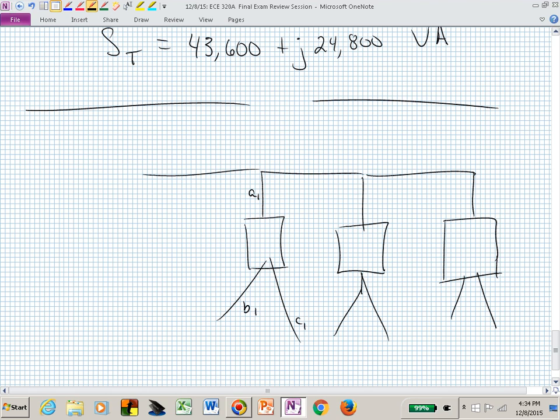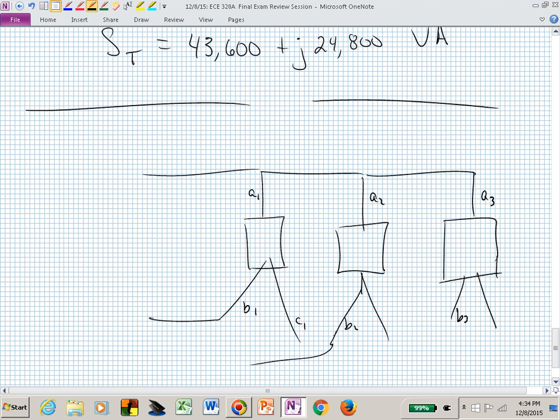Those are stick figures, but this is now the A phase of my load that I'm drawing. Let's say this is the B line. There's another B line for 2. Here's B3, A2.